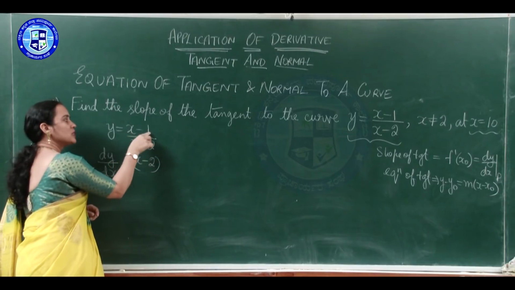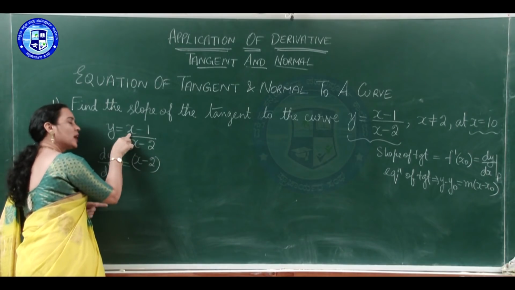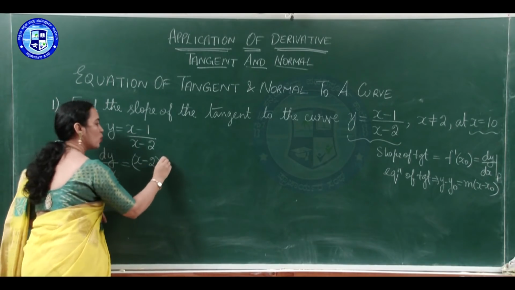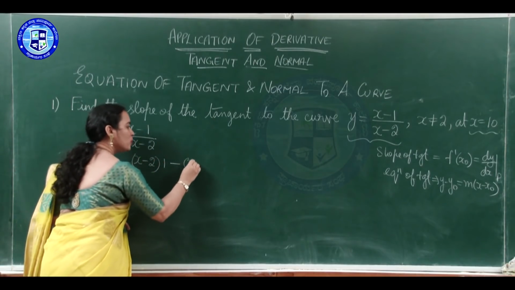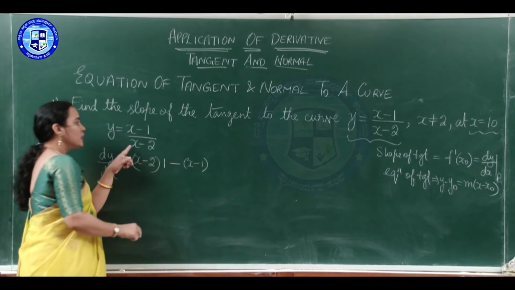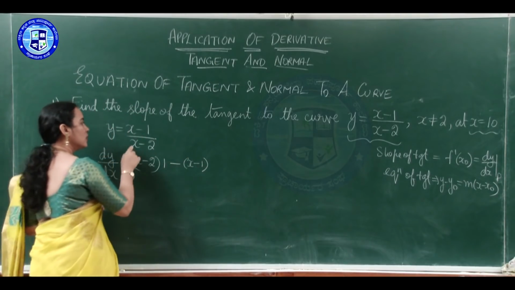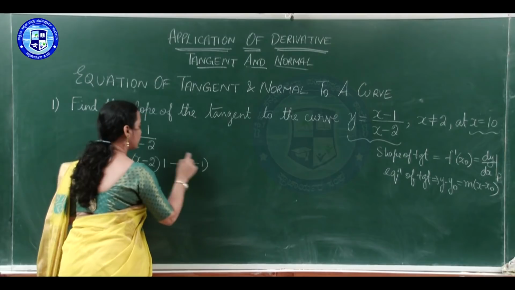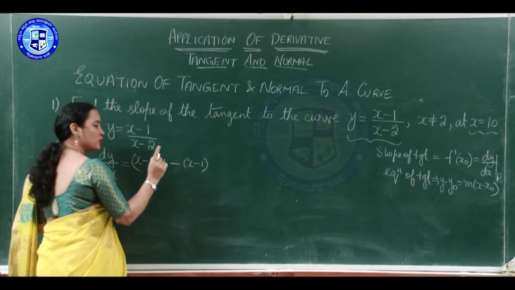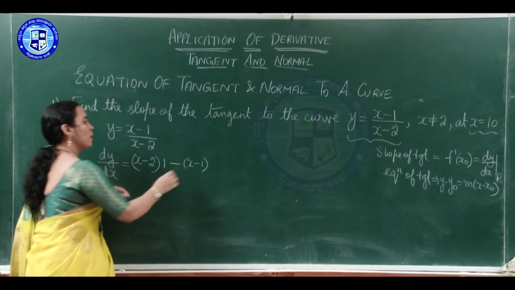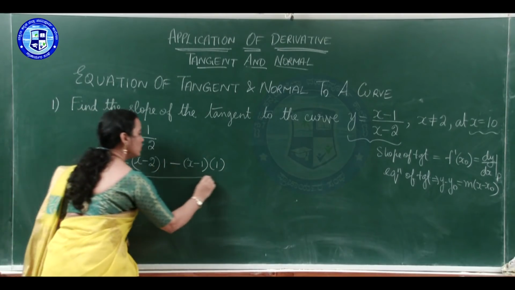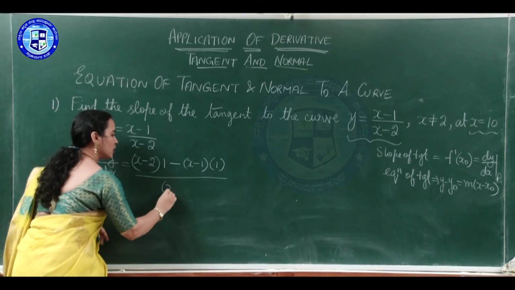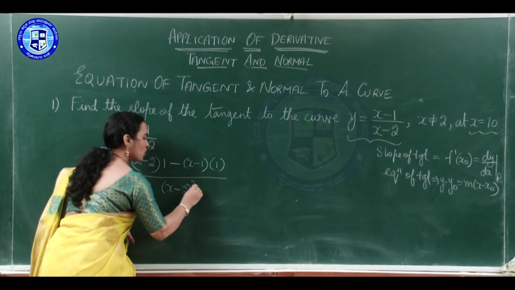So, when you differentiate x minus 1 you get 1, minus the numerator x minus 1 kept as it is, differentiate the denominator. So, differentiating x minus 2, x gives 1, and minus 2 gives 0, upon the square of the denominator, x minus 2 the whole square.